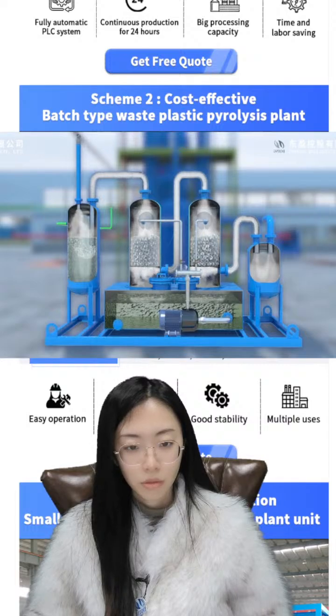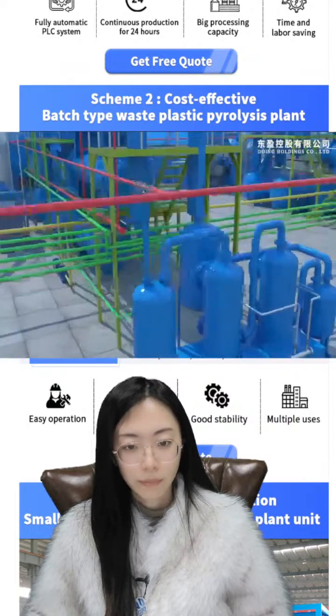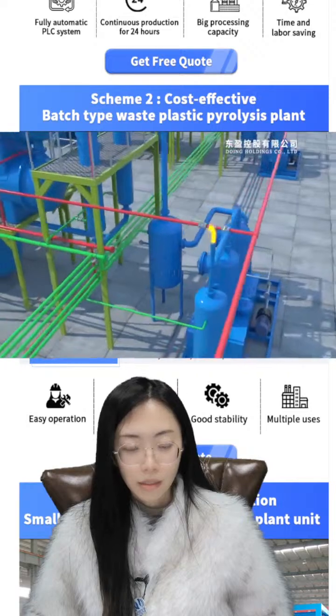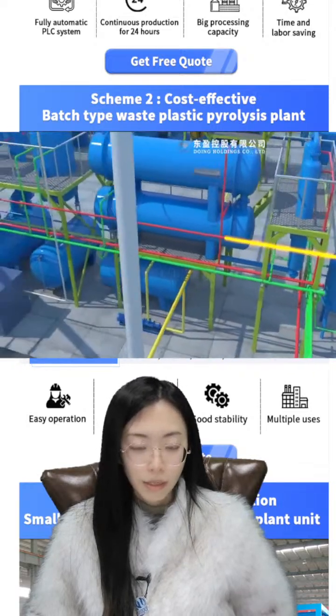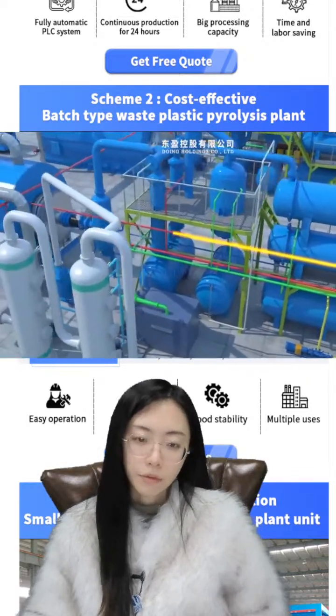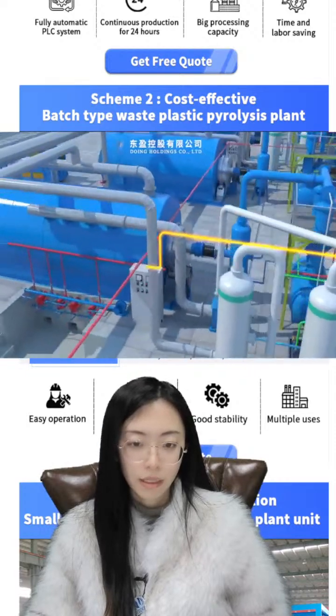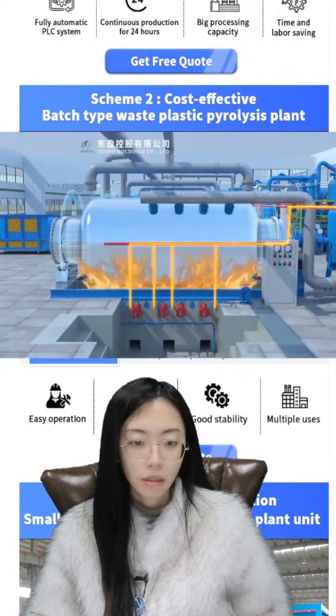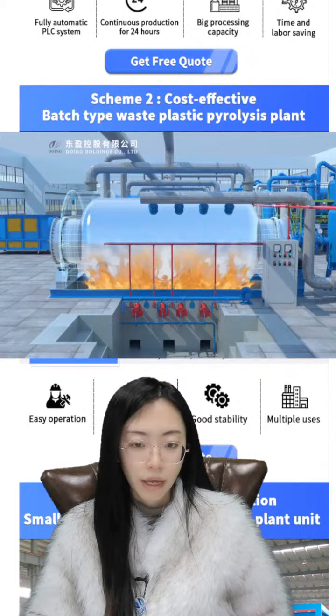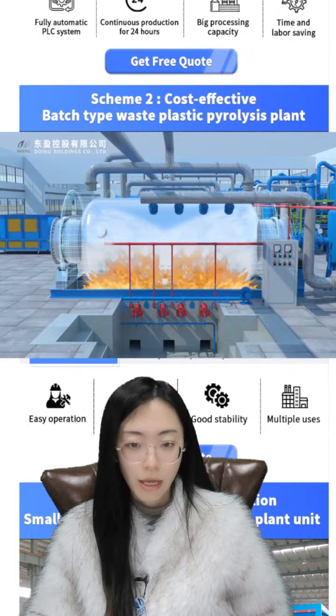The middle 2 are the spray towers, the right one is the buffer tank, and the left one is the water sealed safety device. Then the tail gas will go back to the reactor for heating.